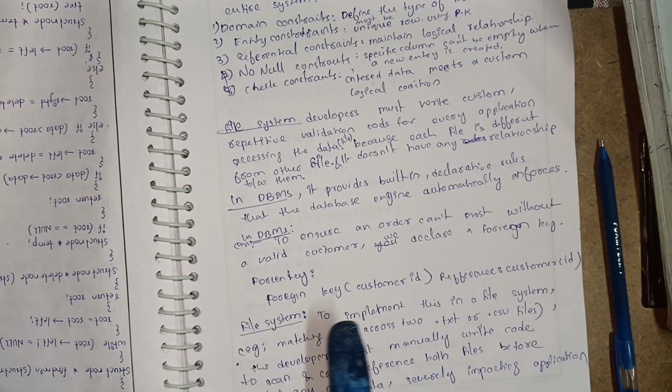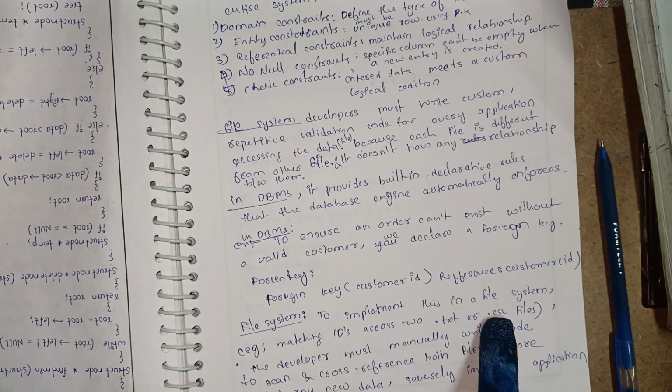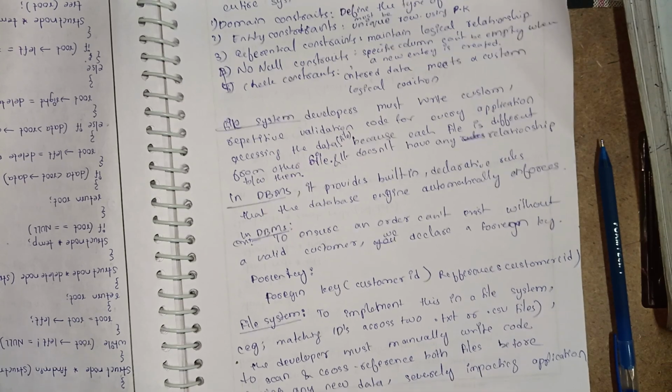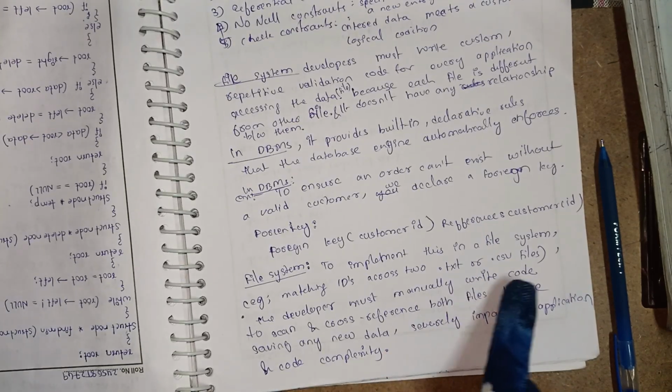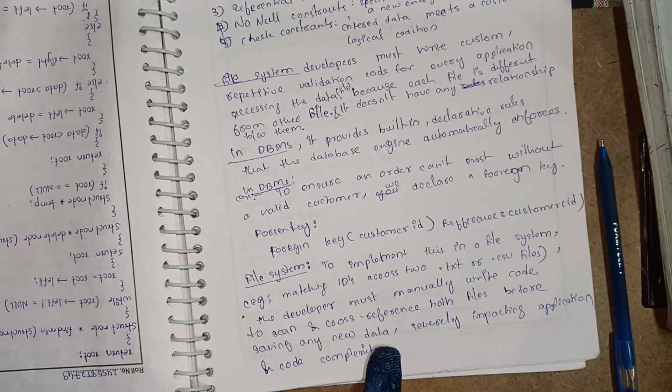And to implement this in a file system, for example matching IDs across two .txt or .csv files, the developer must manually write code to scan and cross reference both files before saving any new data.